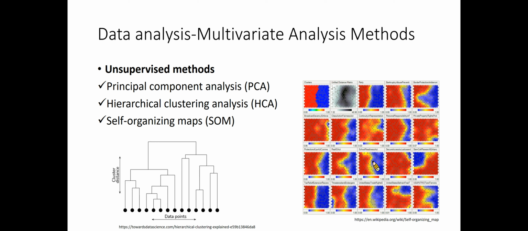SOM have been used in metabolomic studies to visualize the metabolic phenotypes and feature patterns, as well as to prioritize the metabolites of interest based on their similarity. HCA is also a powerful clustering and visualization tool that provides a clustering procedure at the feature and sample levels according to a predefined distance measure.